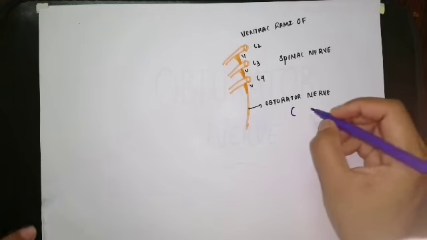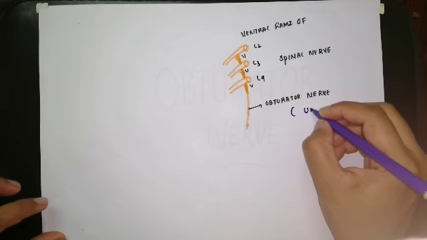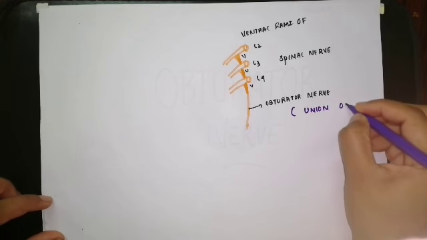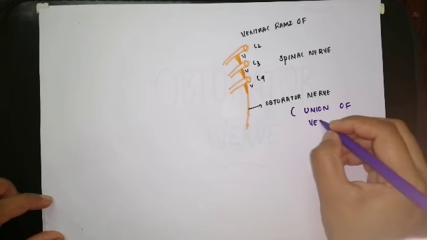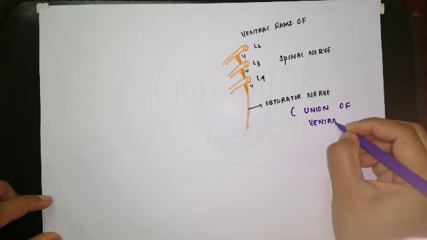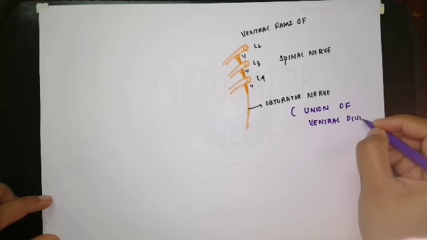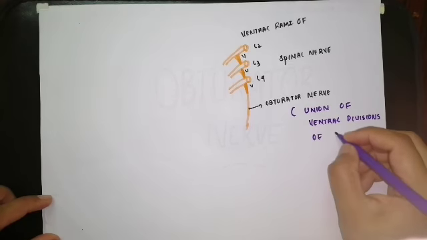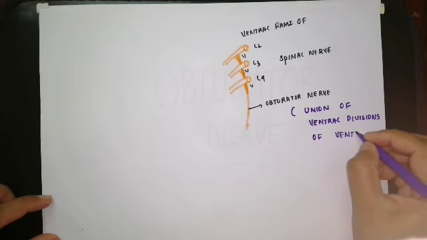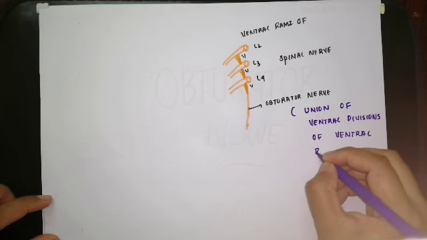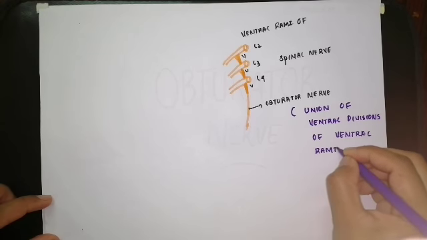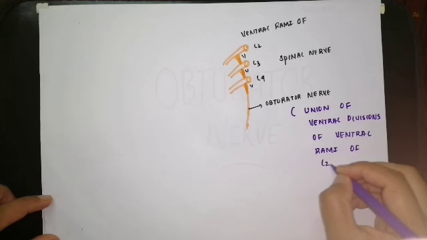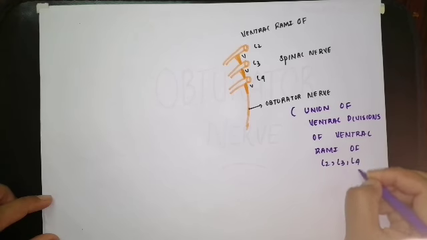So what about the formation? It is a branch of the lumbar plexus, which is formed by the union of ventral divisions of ventral rami of L2, L3, L4 spinal nerves.